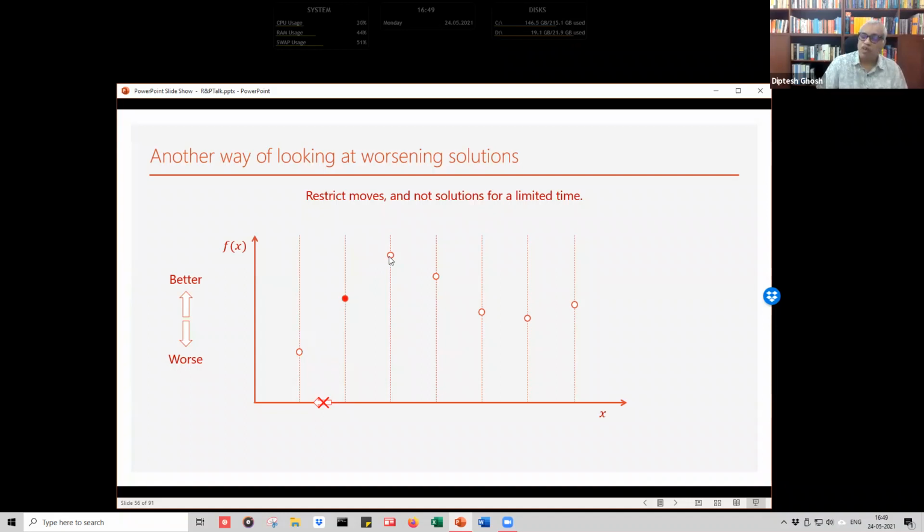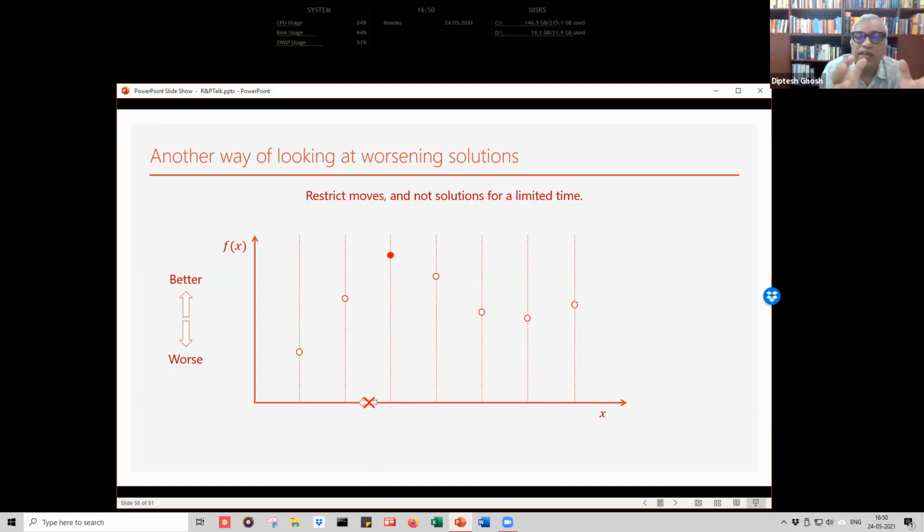Now, if I move here, I move right, I restrict myself from moving to the left. So every time I do this, I'm not stopping a whole bunch of solutions. I'm just stopping moves. And storing moves is much easier than storing solutions.